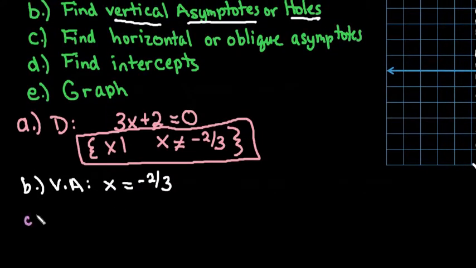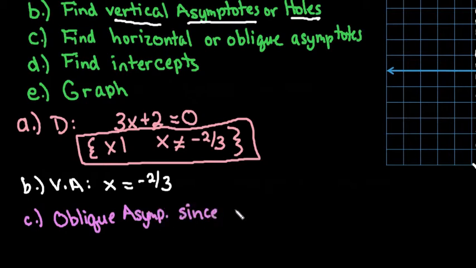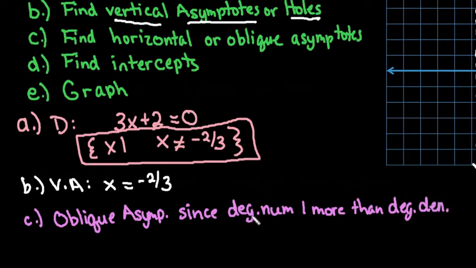So for part C, this one will have an oblique asymptote. Anytime the degree of the numerator is 1 more than the degree of the denominator, we have an oblique asymptote.